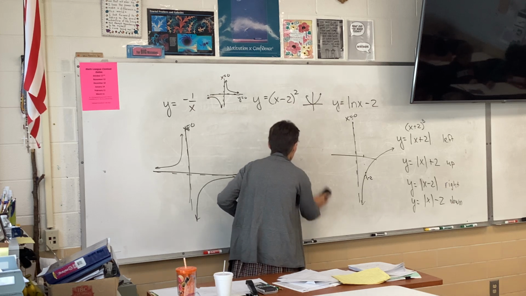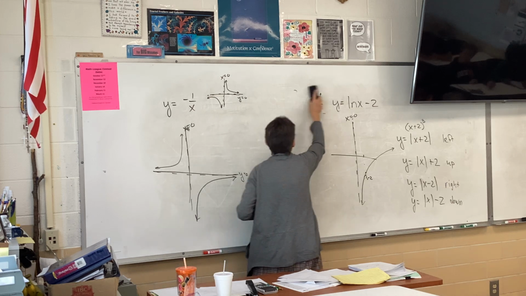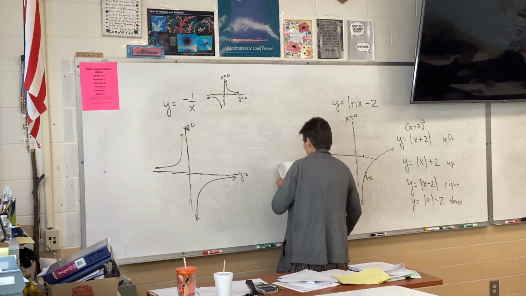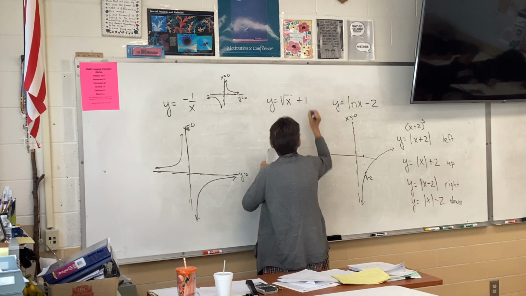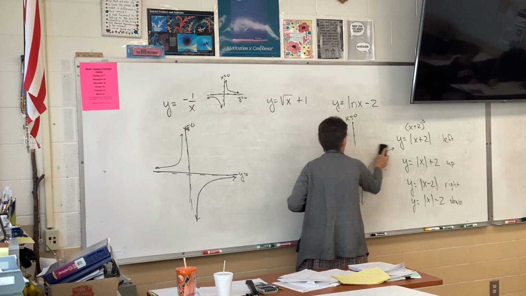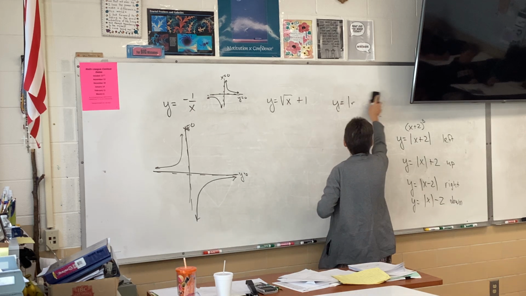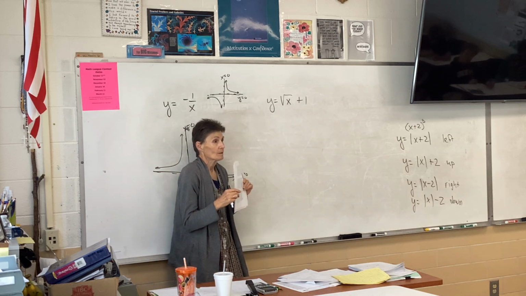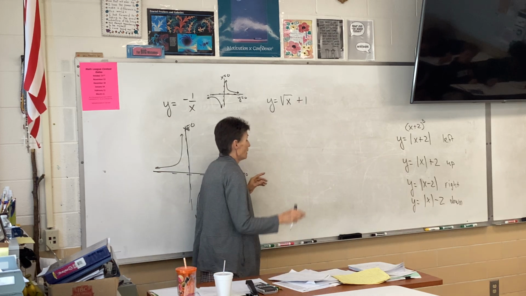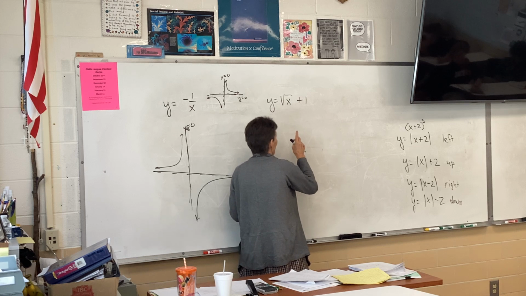If you don't remember what a square root looks like, look at your BFF sheet and then tell me what we're doing to this square root. How is it moving? Right one? Like a little upward swoosh. Okay, but somebody said it's moving right one.